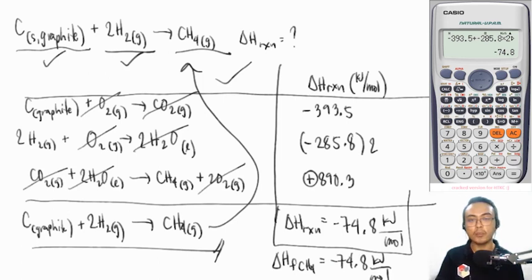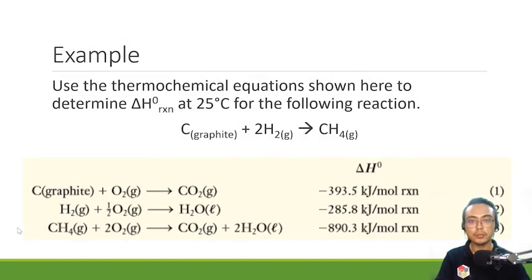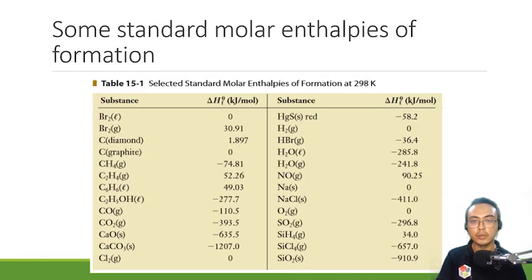Now let's check if the enthalpy of formation of methane is really negative 74.8. Let's take a look at our tables. This is our table for the standard molar enthalpies of formation. For CH4, that is negative 74.81. That's close enough. Meaning that we are correct in our solution.